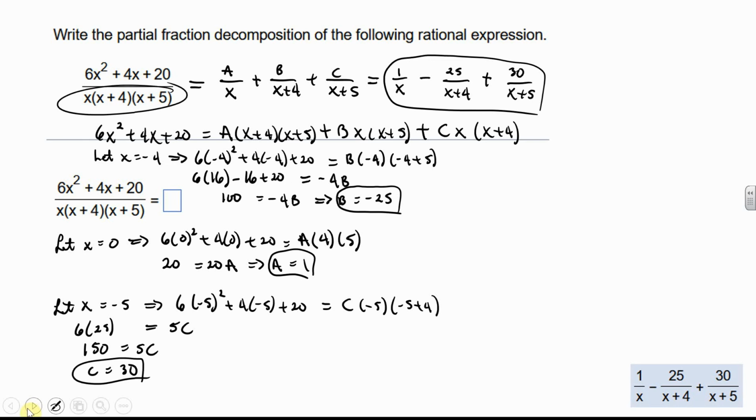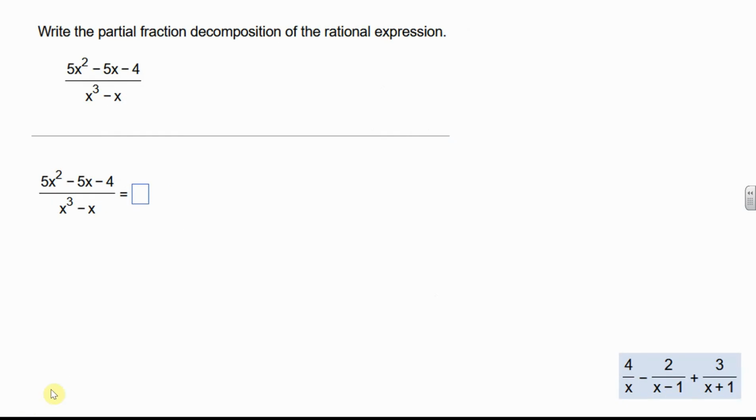Let's see if we got one where we have repeated root. This is not repeated, but let me just string this out, and then I'll go to one where we do have repeated linear factors, and then move on to the next section. So if we write this out, this is 5x squared. Just that numerator stays the same, minus 5x minus 4.